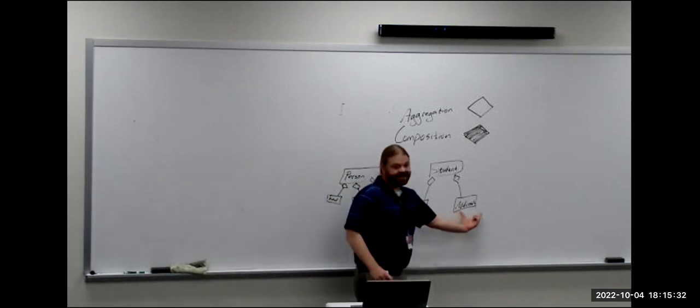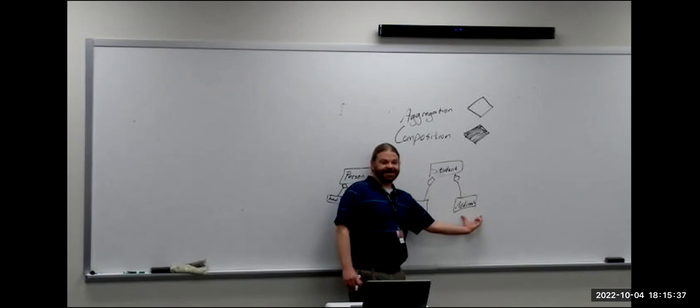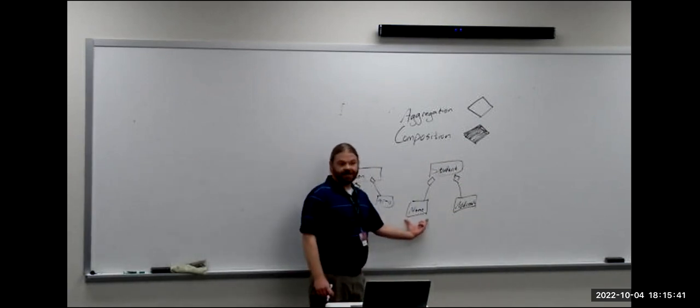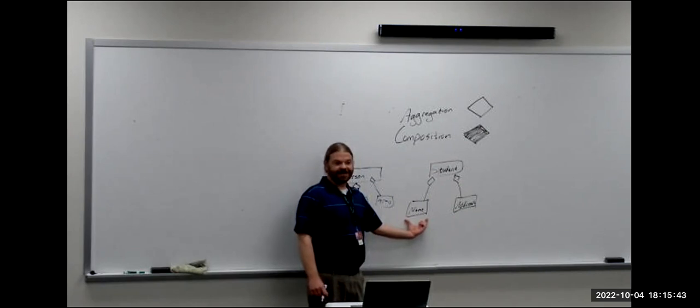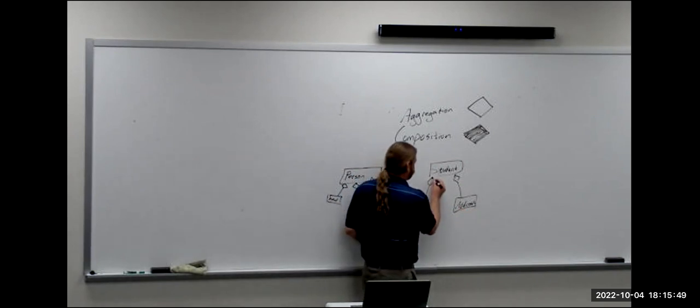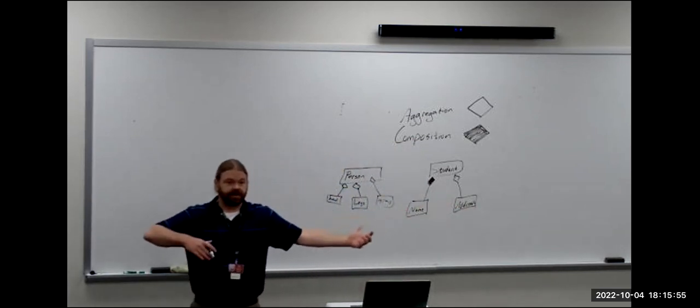So address is not dependent. A student does not really need the address at all. It's just kind of useful to have an address. A name cannot be separated from that student, right? Or the address would continue to exist, I guess, is the other way to say it. The address would exist whether that student lived there or not, right?